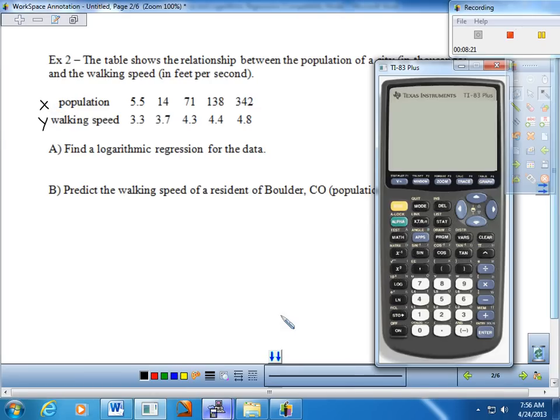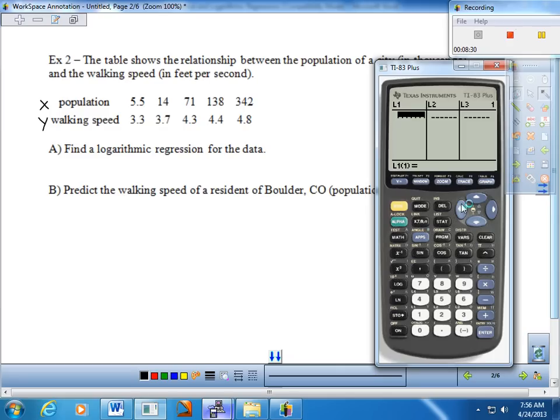Why don't we get this in place and then go ahead and utilize it. So I think we're pretty much all set. Again, 3 steps, guys. You can pull it off. Enter, view, model. Let's go for it. So go up to L1, clear, and enter, of course. Go up to L2, clear, and enter, of course. And let's get that data set in.